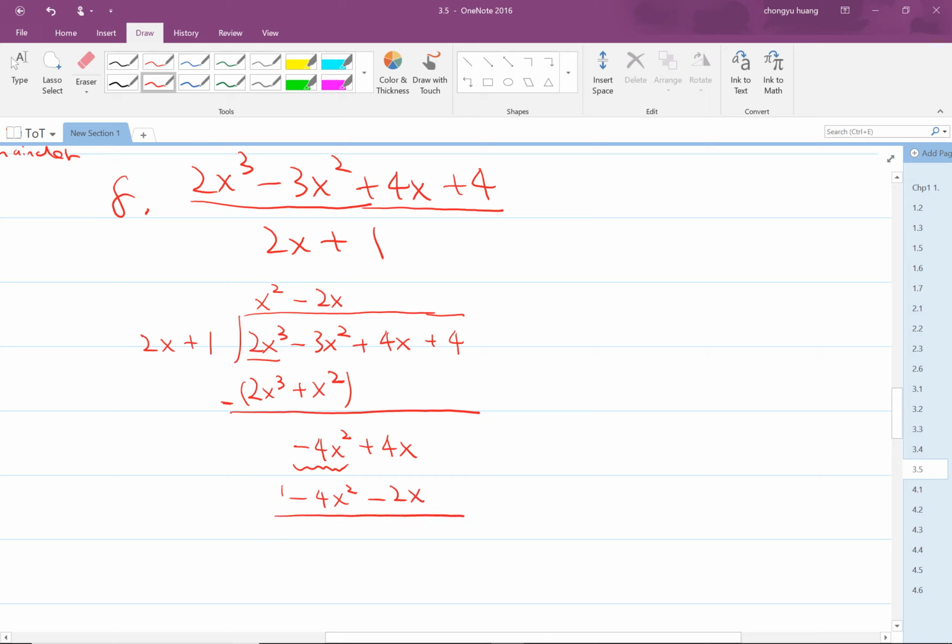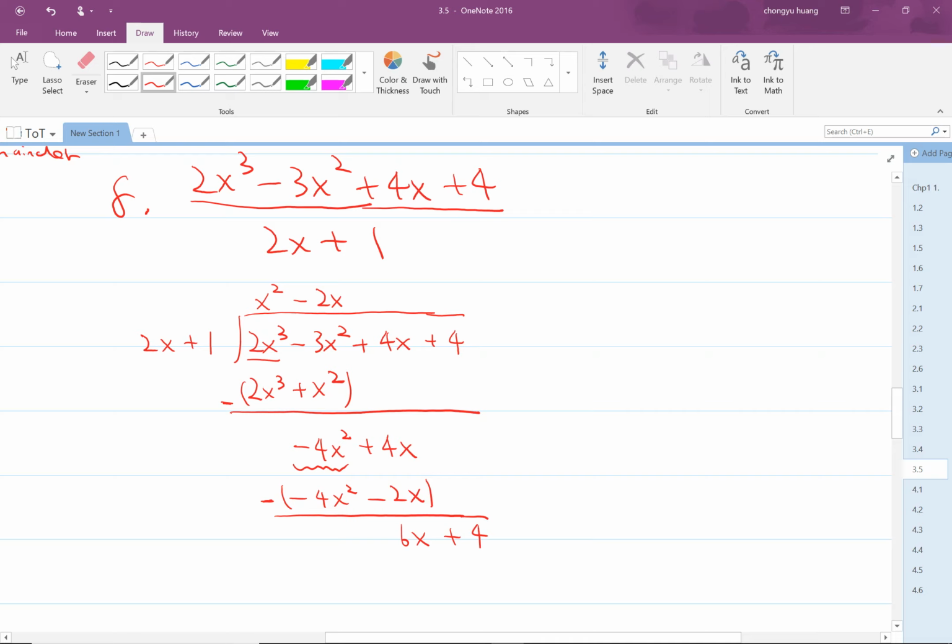Then, as always, you subtract it. Negative 4x squared minus negative 4x squared equals 0, and then we have positive 4x plus 2x equal to 6x, plus 4.